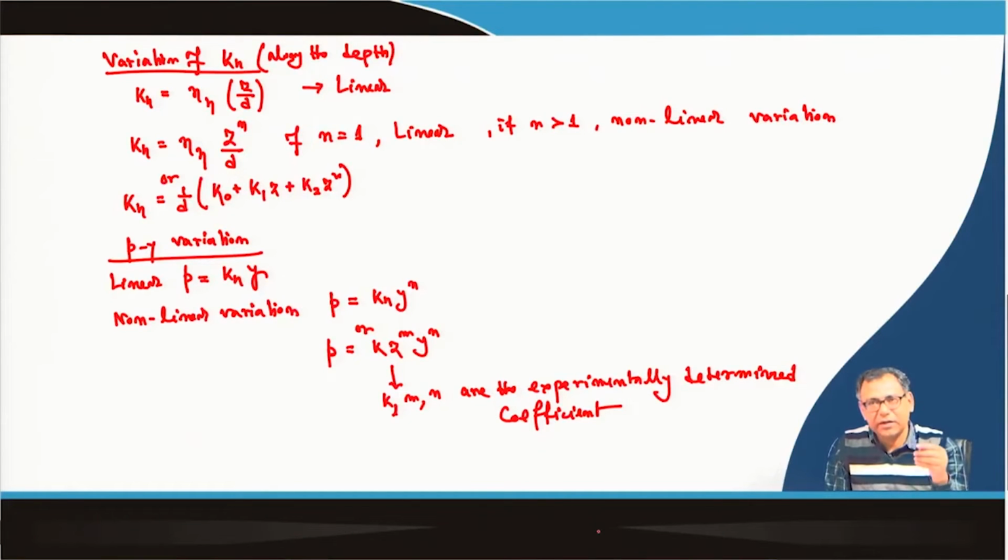So, all this type of flexibility is there in this type of solution, where you can put a different variation of kh along depth, you can put different variation of p and y, linear or non-linear, or you can have a py variation along the depth also. So, those things you can incorporate here.